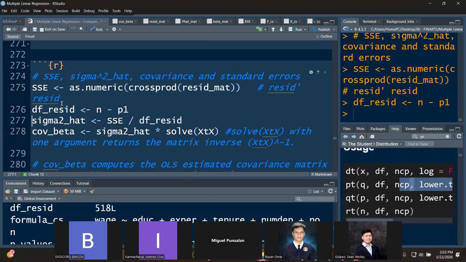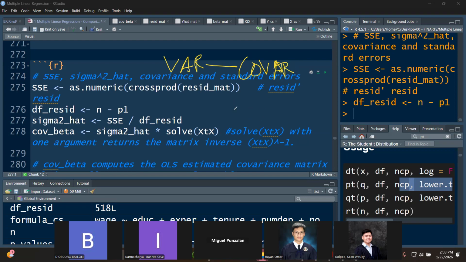Okay, to get now your, this one is very important, class. This is your variance covariance matrix. Okay, let me annotate this. This is your var-covar matrix, class, of your parameters.